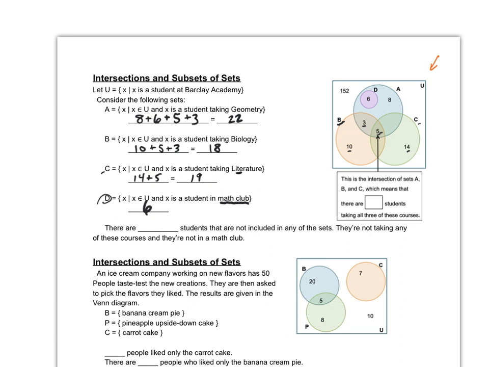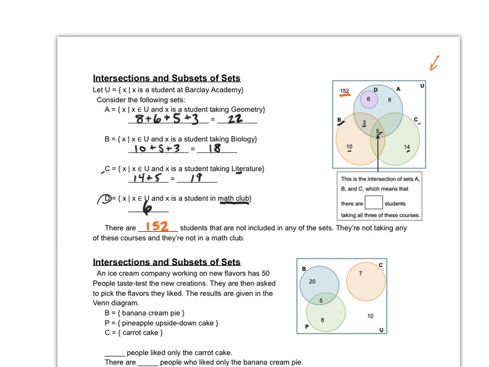Let's see here. So there are blank students that are not included in any of these sets, and they're not taking any of the courses, and they're not in math club. And that would be these students right here. We have 152 students out there in our set that are not taking one of those 3 courses.